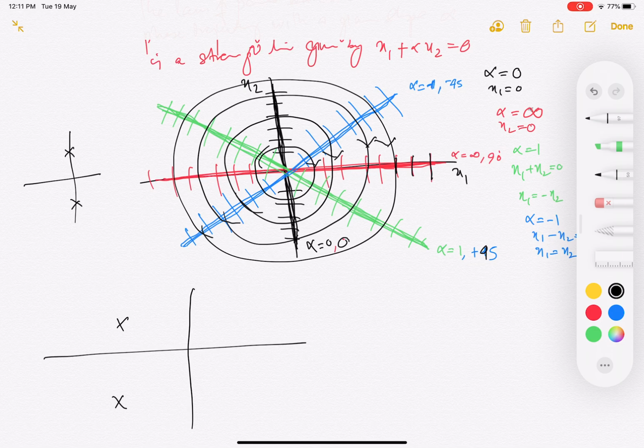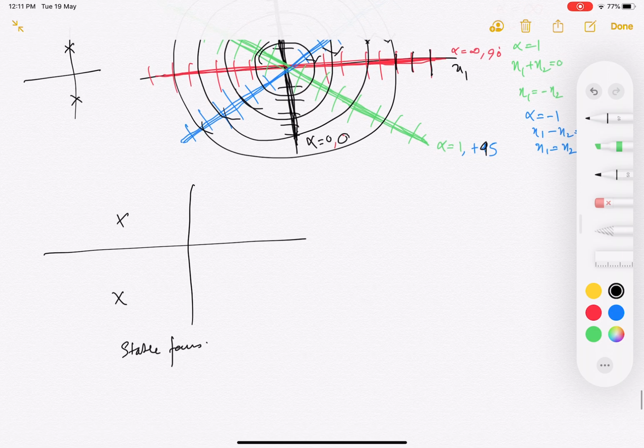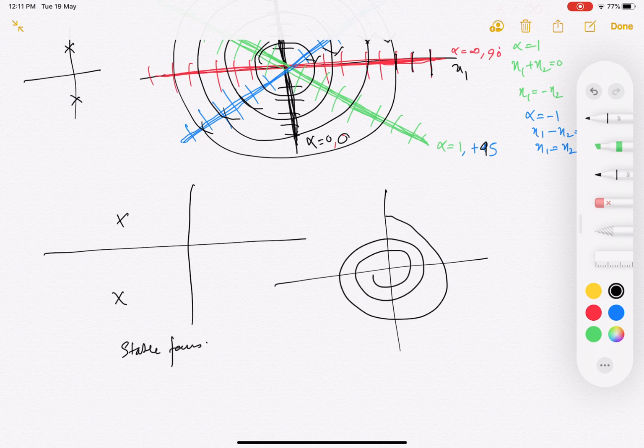Now suppose your poles are not like this, they're like this, right, then you'll get a phase portrait which is similar, but it is going to be stable, right. So it is going to spiral down, the displacements are going to be finally becoming 0.